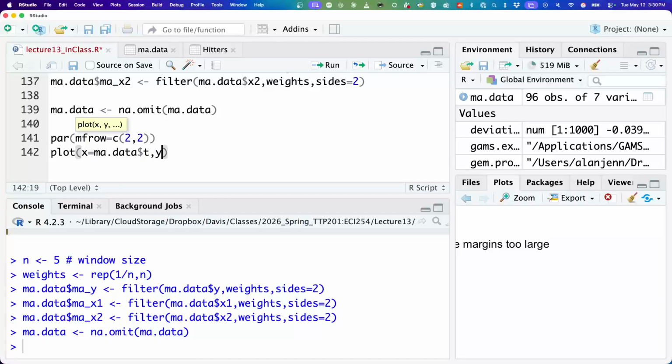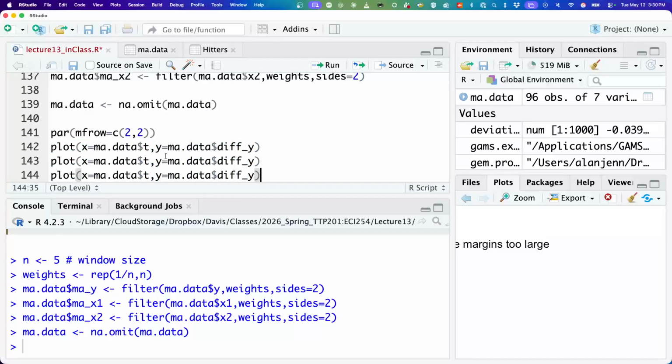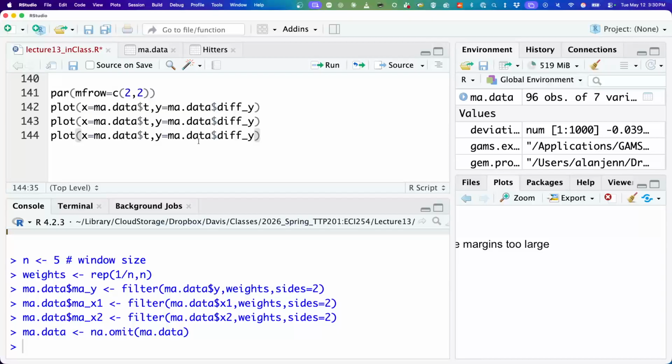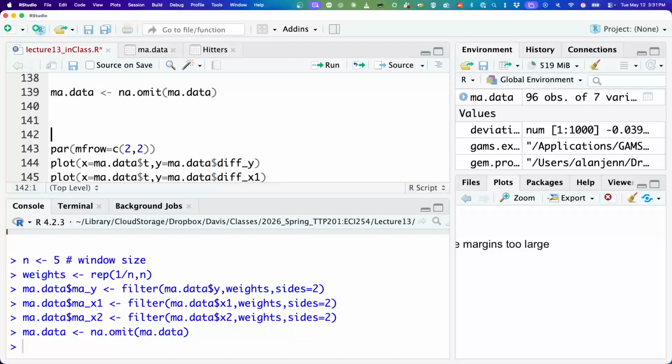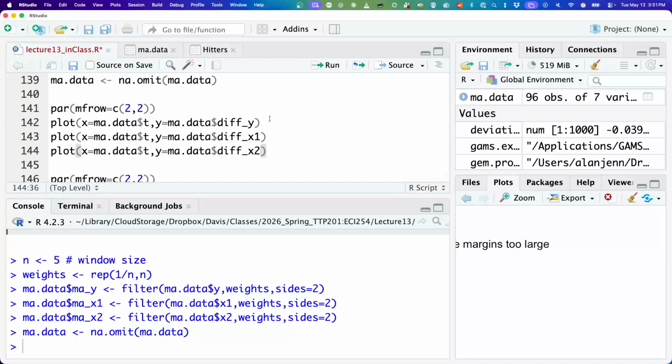So we'll look by time at each of the variables. So x1, x2. Actually, why don't we also do this for just the non-differenced data as well?